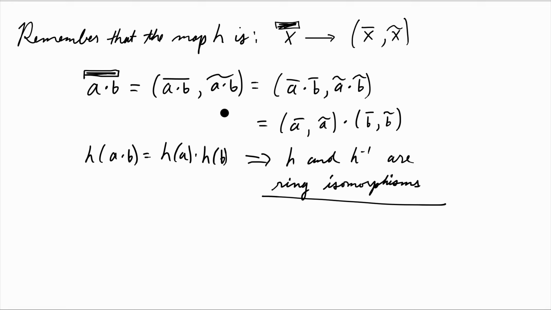And you can think about how, because these different bars themselves split across the multiplication, they themselves preserve multiplication in each component here, and so you can split up this computation component-wise and see that (A bar A squiggle) is actually the image H of A, and (B bar B squiggle) is the image H of B. So we can see that multiplication is preserved by this map. It's actually a ring isomorphism, both of them.